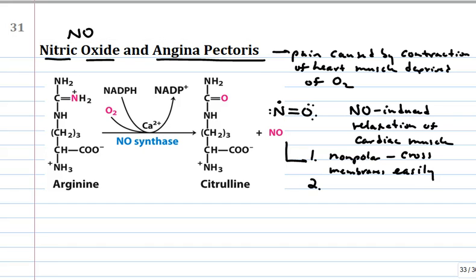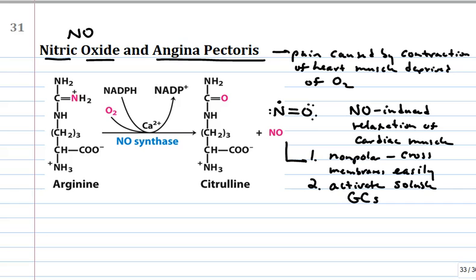The second thing is it can activate soluble guanylyl cyclases. That's what we just talked about, right? So nitric oxide can activate enzymes, guanylyl cyclases, that are soluble in water. They're not membrane associated.